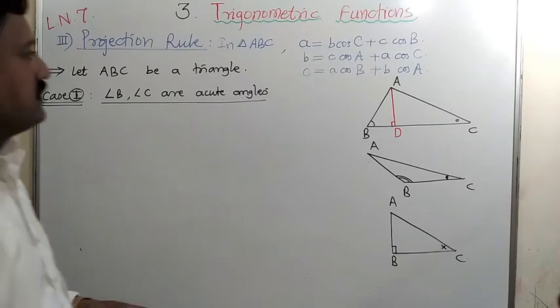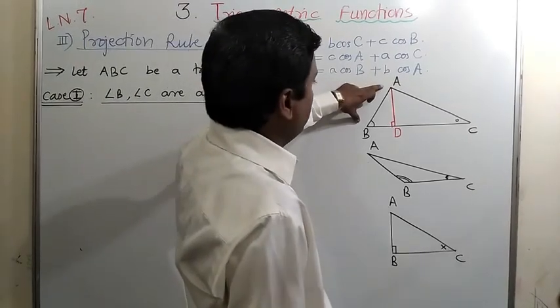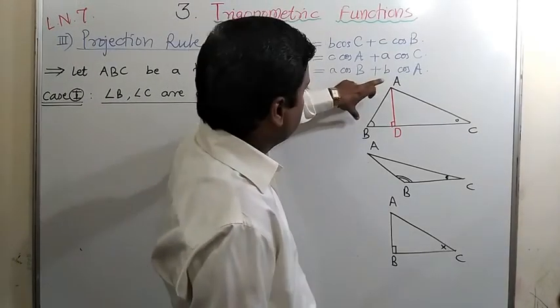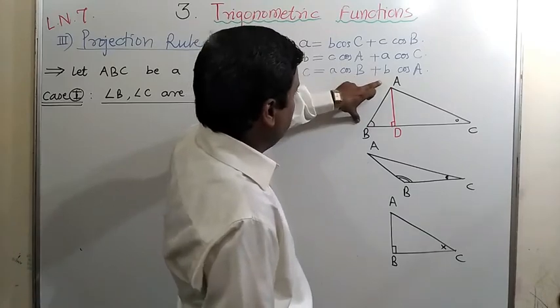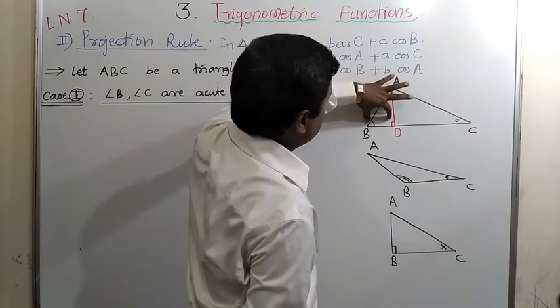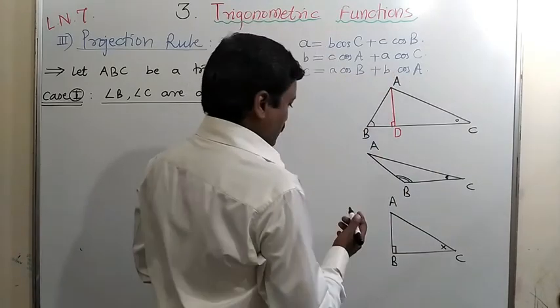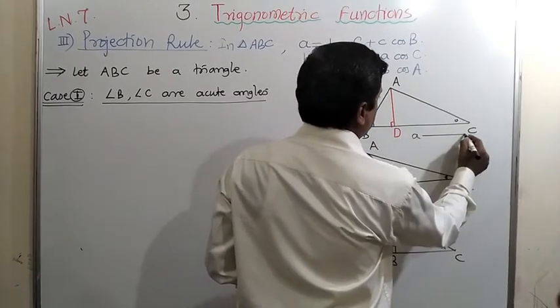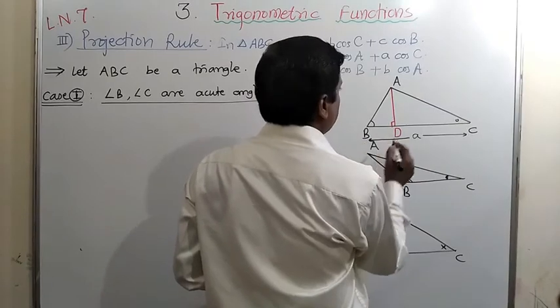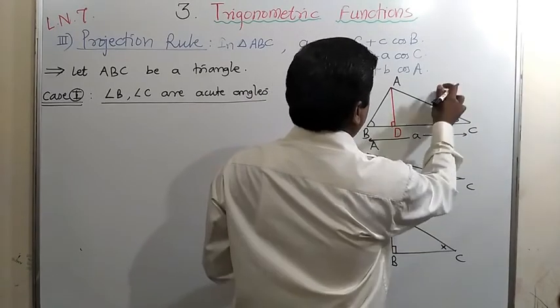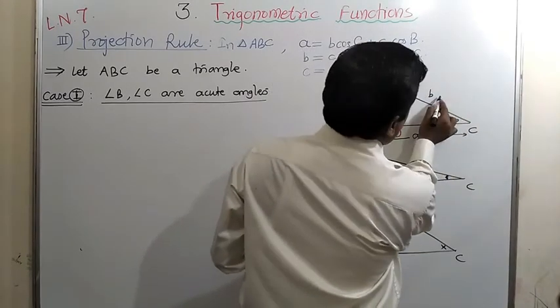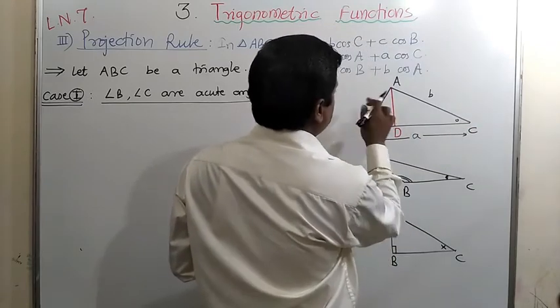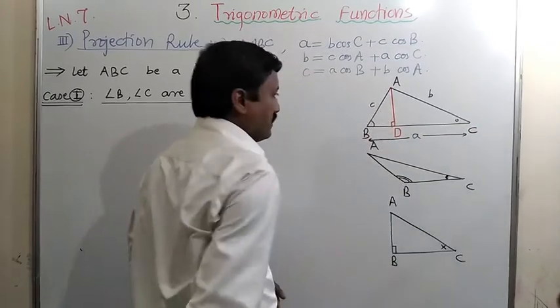Can you find here the projection of AB? Obviously, that projection of AB is nothing but the shadow of AB on side BC. That shadow is nothing but BD. Conventionally, this BC is small a, the side opposite to angle B is small b, and the side opposite to angle C is small c.